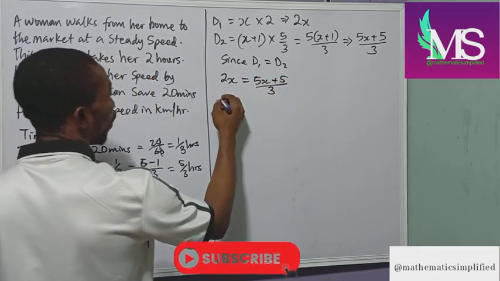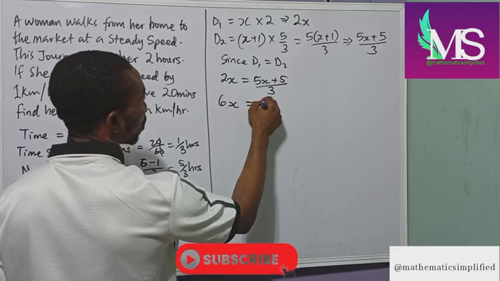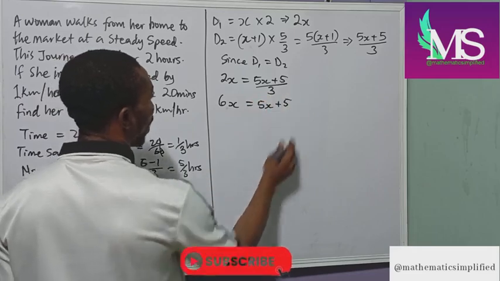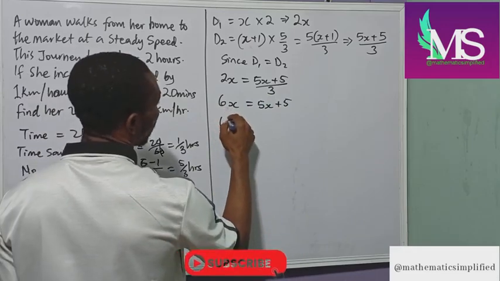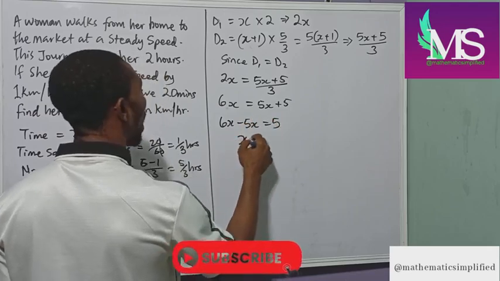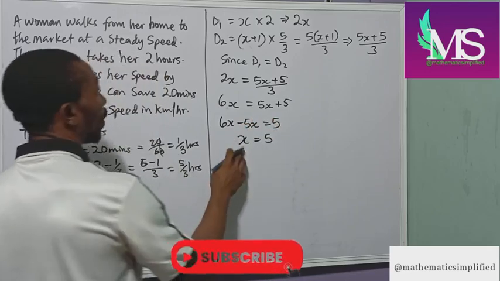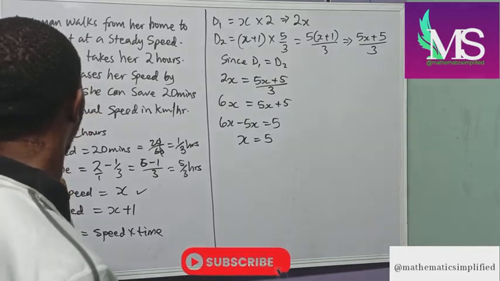Now cross multiply: 6x equals 5x plus 5. Collecting like terms, we have 6x minus 5x equals 5. So x equals 5. So x is our initial speed.